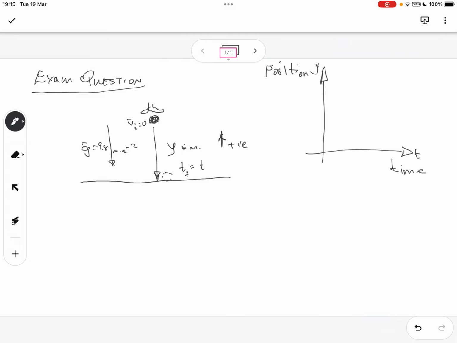If the object is in uniform motion, then it will be a straight line, but at an angle. And if it's in constant acceleration, it will be a curve like that.